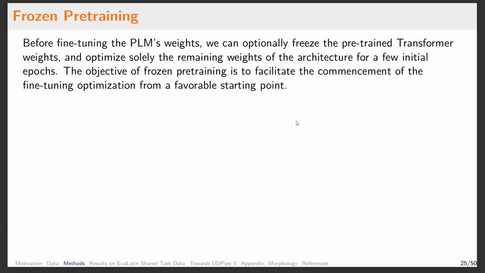So there is no stochastic gradient descent, no training done on them. They are not trainable. Trainable is false in Keras. And you train the other parts of the pipeline, of the architecture. And if you do that before you start fine-tuning, that helps the model to start training from a good place.